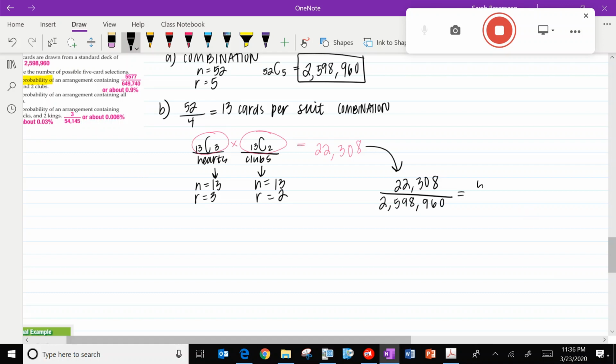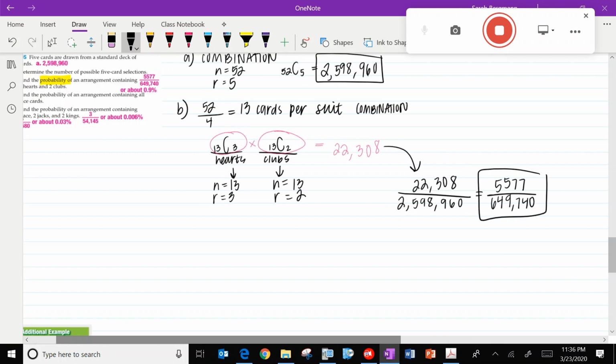You'll get 5,577 over 649,740. That's one way to write the probability.